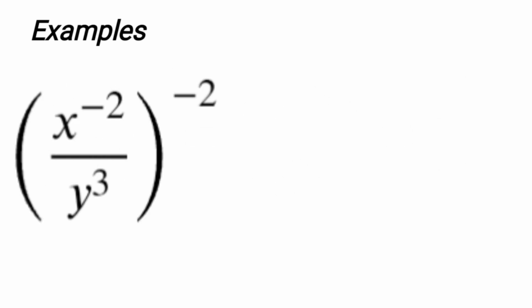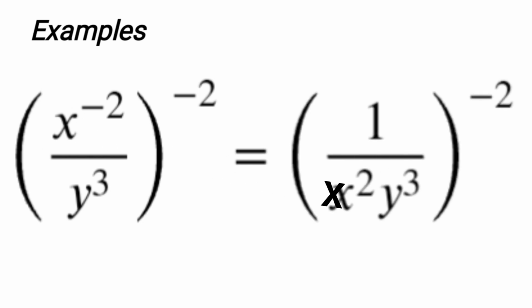This one, quantity x to the power negative 2 over y cube raised to the power negative 2. So let's first simplify x here. It has a negative exponent. So this is equal to quantity 1 over x squared y cube raised to the power negative 2. Interchange the numerator and the denominator. So we have a positive exponent.